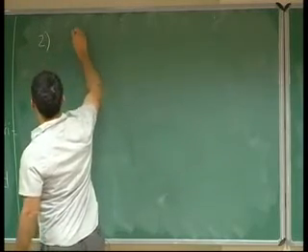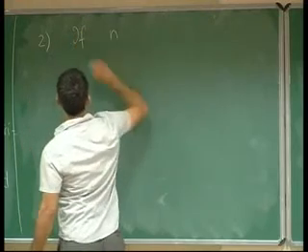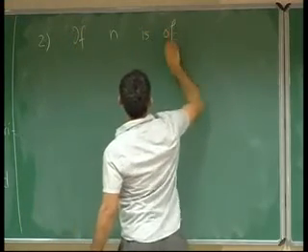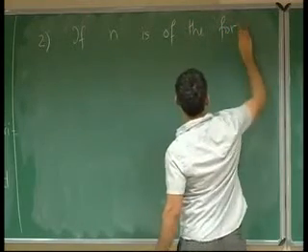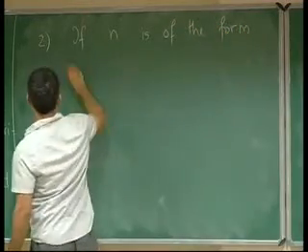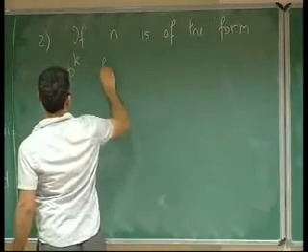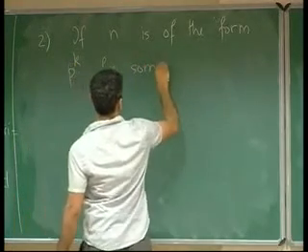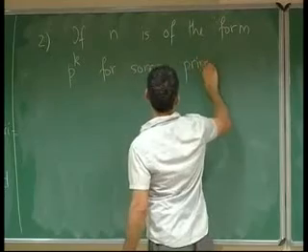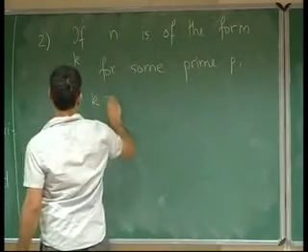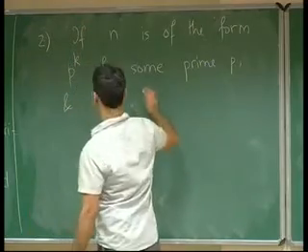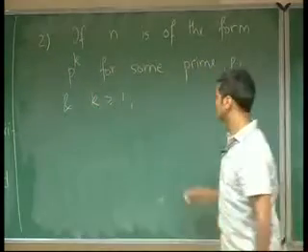It turns out that if n is of the form p to the k for some prime p and an integer k bigger than or equal to 1, then we can do this classically efficiently.